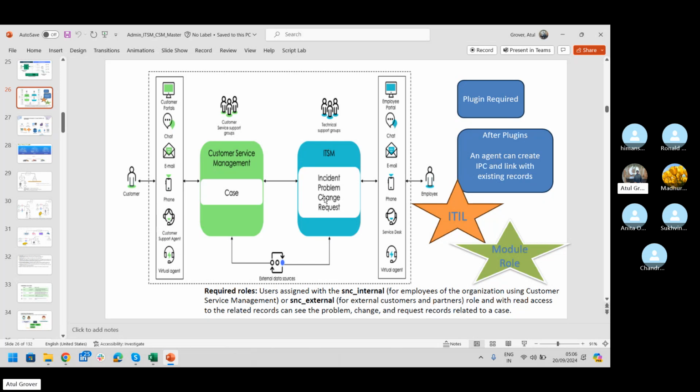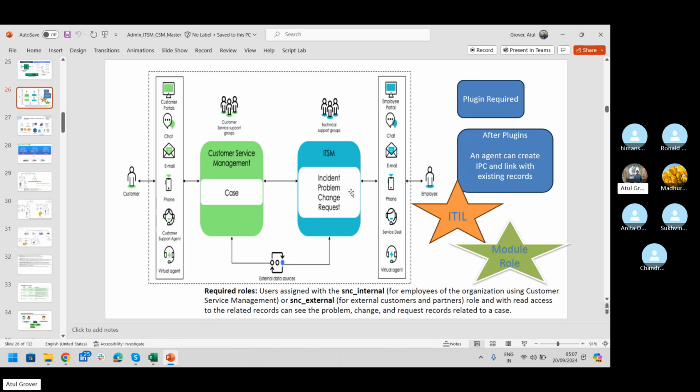Second part, another question which again you have to find out the answer to. If I as a service provider activated CSM and now I am activating ITSM plugins as well, do I have to pay the license cost for CSM or ITSM, or only for CSM, or only for ITSM?